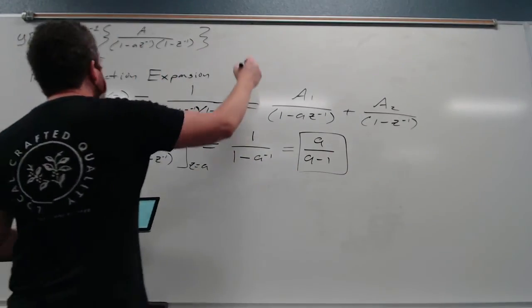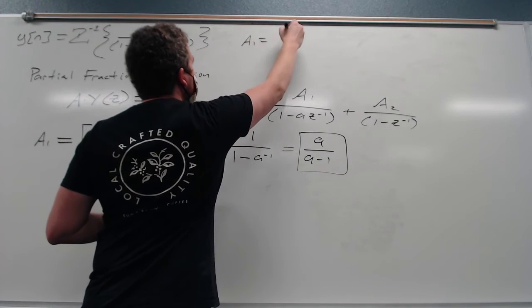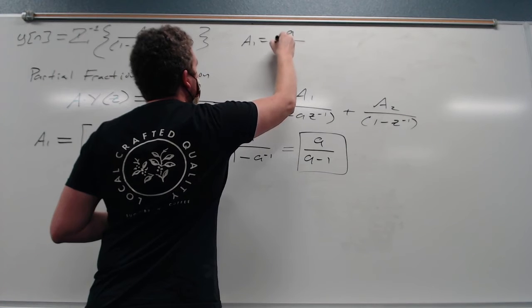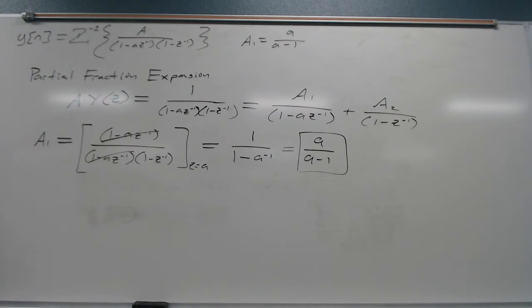And we can leave it right there, so let's just write it up here. Let's say that a1 equals little a over a minus 1. Any questions about having it down?